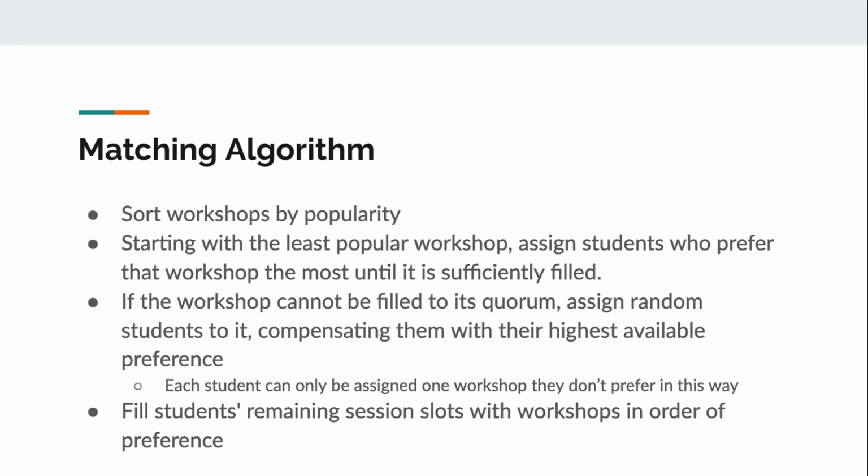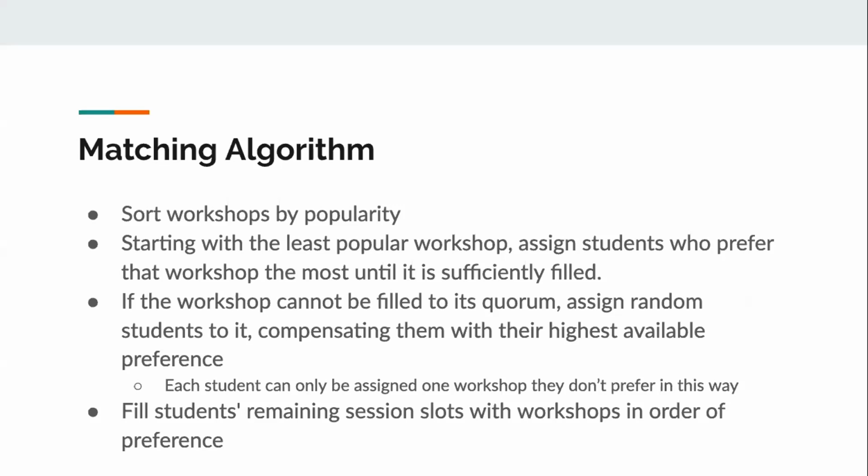This way, if a student is given a workshop that they didn't want to be in, then the polite thing to do is to make sure that student gets one of their highest choices. So when available, they'll get their first choice. If that's already full, they'll get their second choice, etc. So that guarantees that they'll at least get one of their higher preferences.